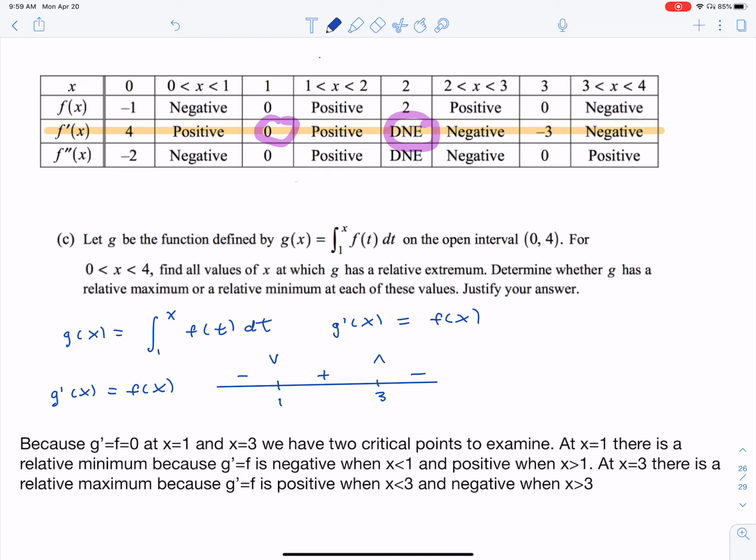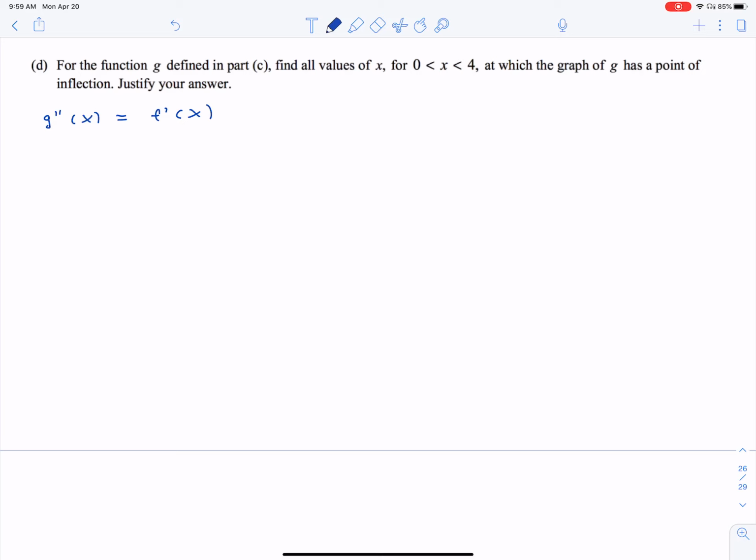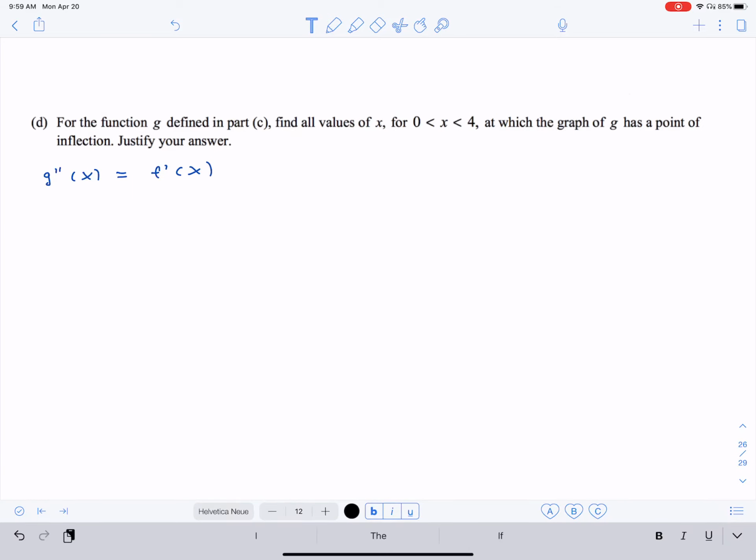I know that was kind of rough, but let's see if we can put that together. I'm using g double prime to look at f, and I'm looking at f prime to look at g double prime. So let's say the following.